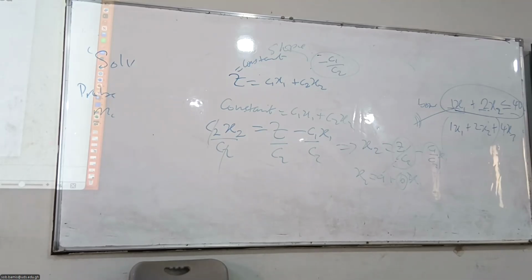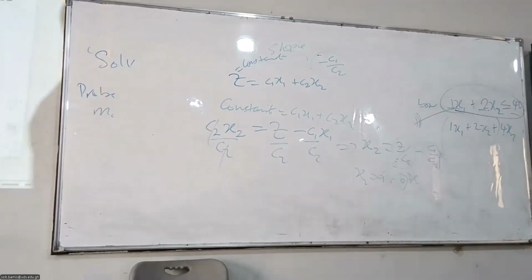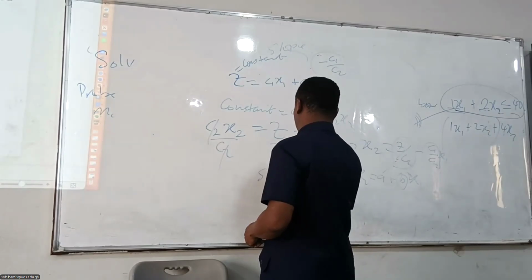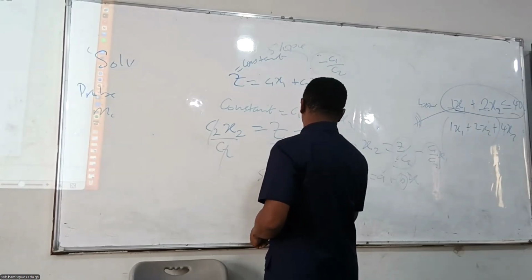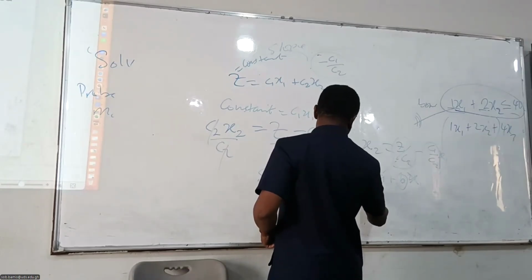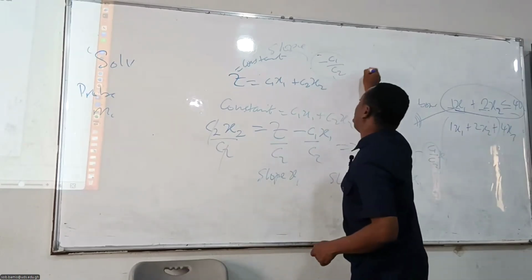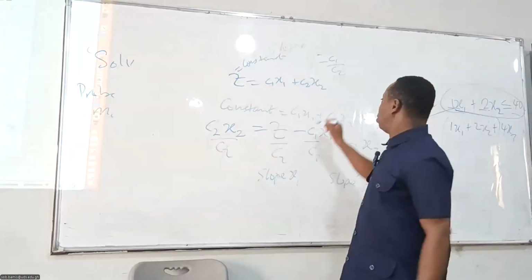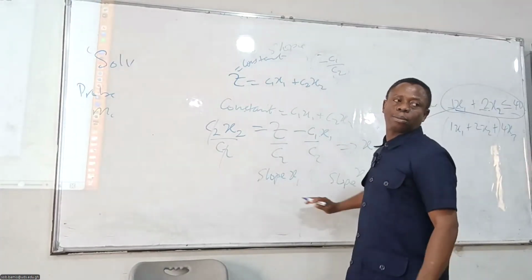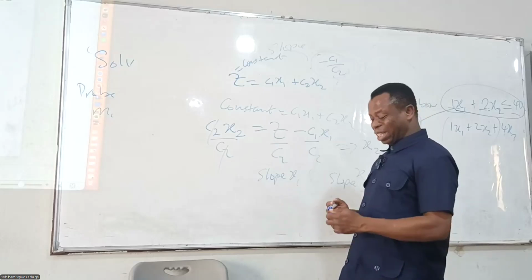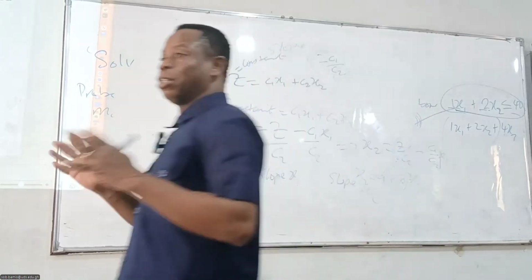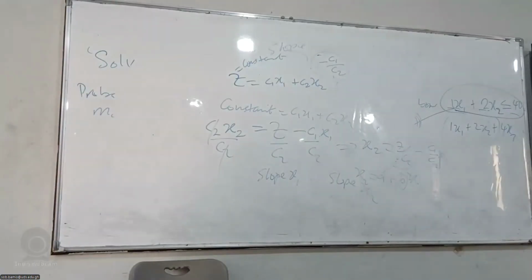Remember, we have two constraints. We have the slope for X1 and the slope for X2. We are saying that this one must be in between these two values. That's the condition for deriving the sensitivity range for the objective.